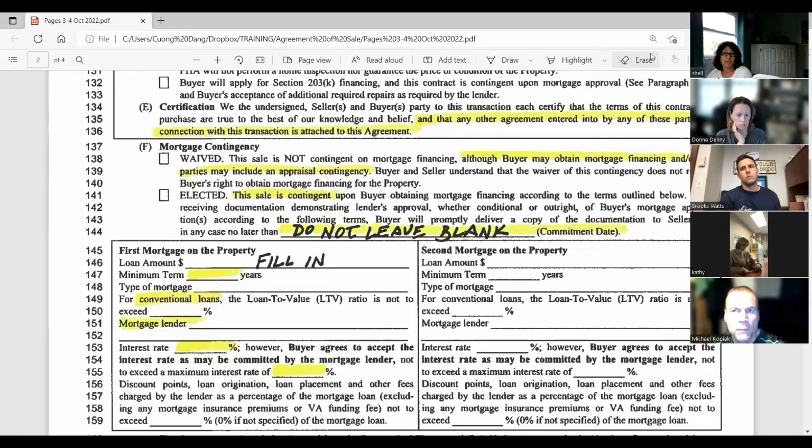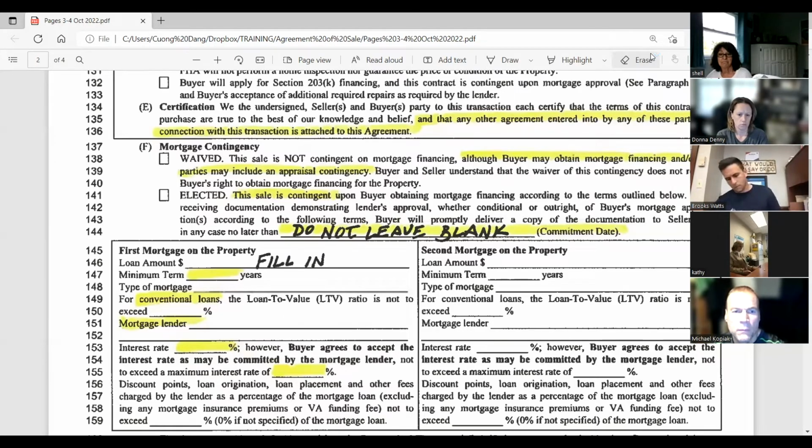Only if the seller agrees to it. Okay, so when it says on F, mortgage contingency, waive, the sale is not contingent on mortgage financing, although buyer may obtain financing, it doesn't have a date.